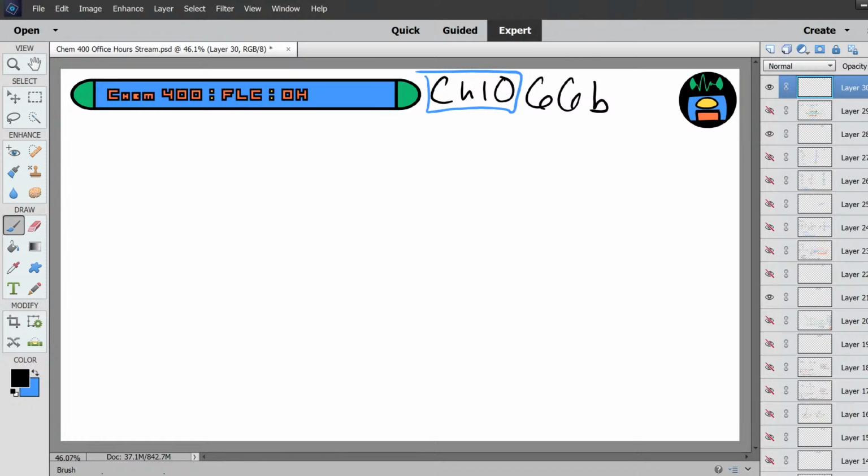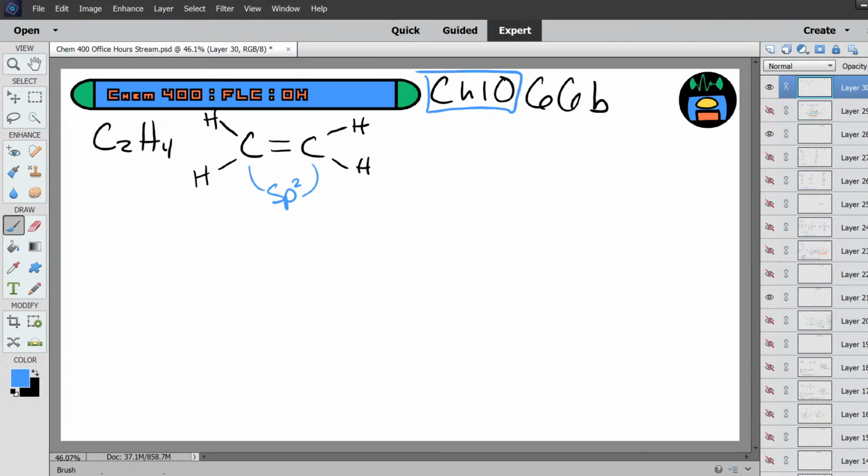Part B, we've got to look at C2H4. Now, when you draw the Lewis structure, it comes out like this. If you look at the hybridization, this carbon has 3 electron groups, which means it will be sp2 hybridized, same with that carbon.